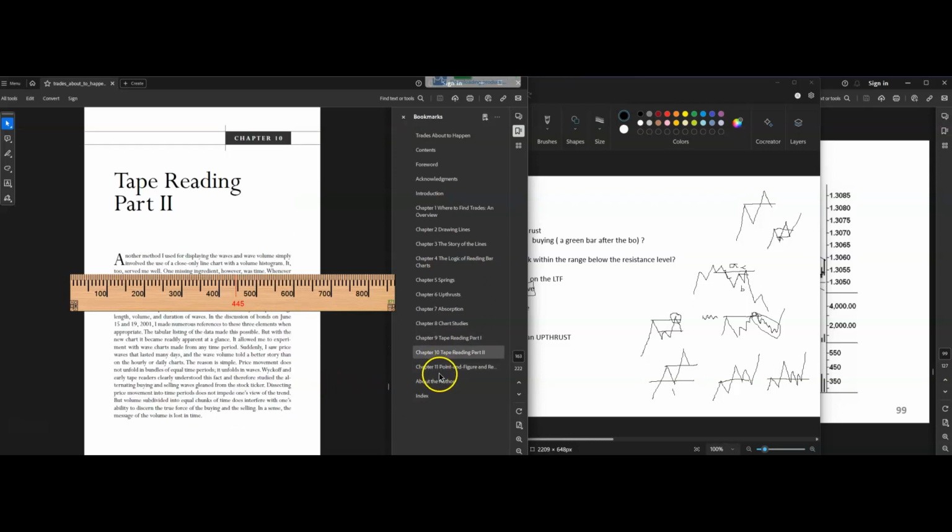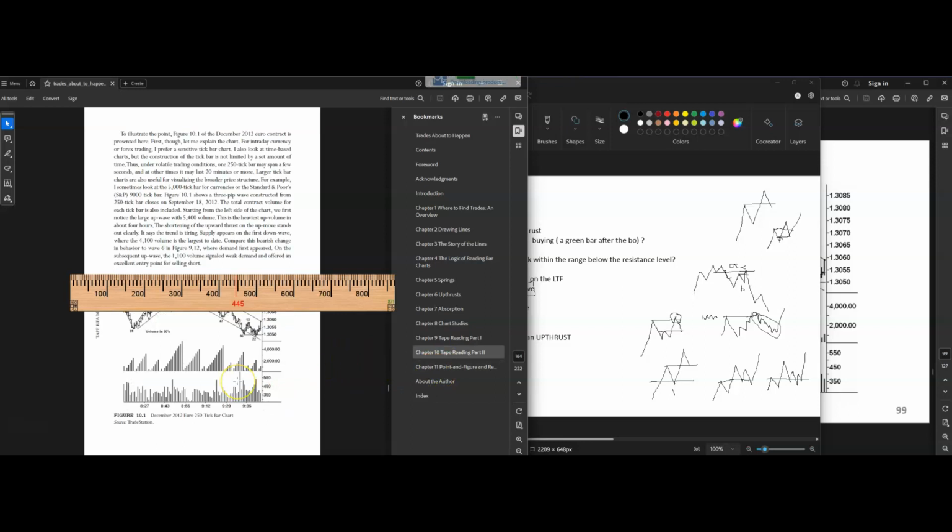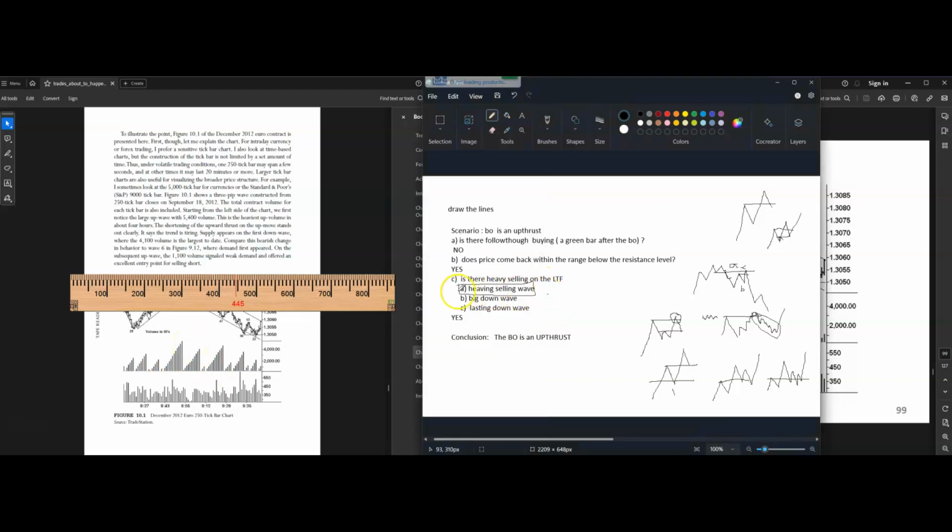The other thing is tape reading part 2 has to do with waves. I'm not going to go into the waves, but if you want to know about the waves, David's webinar is on Big Mike, and the other one is on YouTube. Just look at that. The heavy buying and selling wave condition doesn't require you to use the wave chart, but it's good to use it to see it clearly.